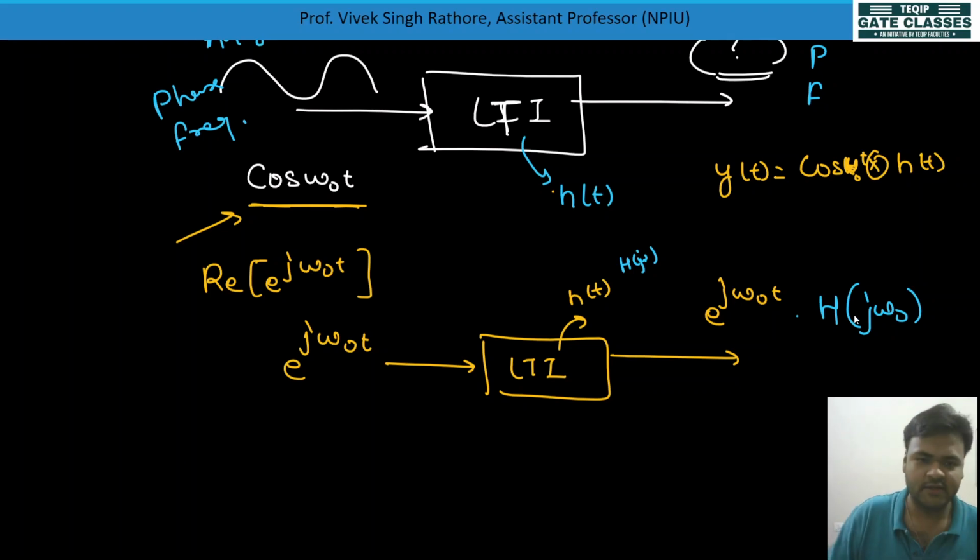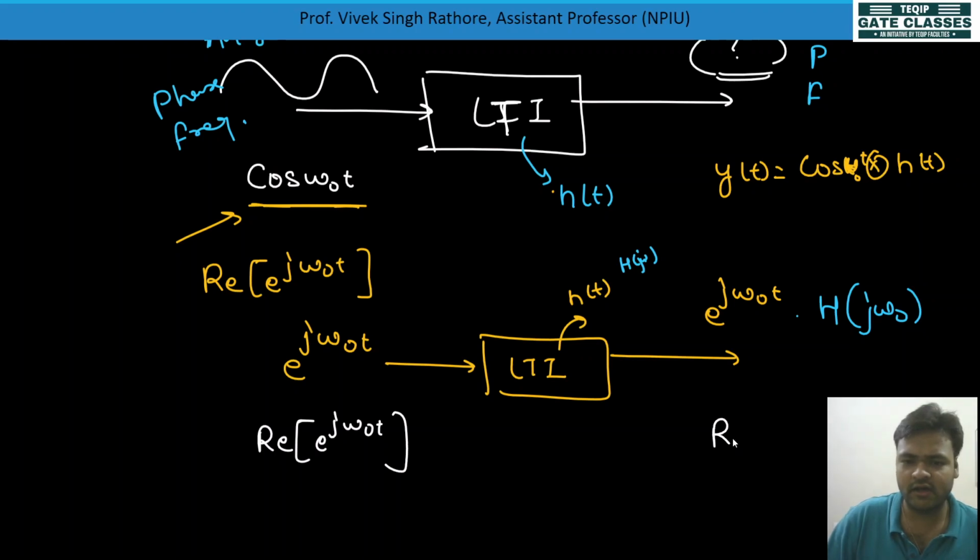So if you give the real part of e to the power j omega naught t as input, what will we get in the output? Obviously the same thing, the real part of e to the power j omega naught t, but multiplied by h of j omega naught only, because whatever the frequency is, that will come in this portion.